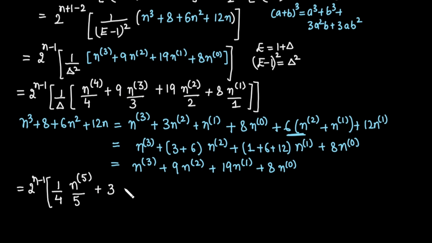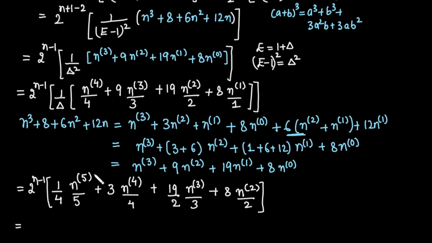N raised to power 3 factorial polynomial is converted into n raised to power 4 by 4 plus 19 by 2 as it is. N raised to power 2 factorial polynomial is converted into n raised to power 3 factorial polynomial by 3, by operating 1 by delta, plus 8 times n raised to power 2 factorial polynomial by 2.